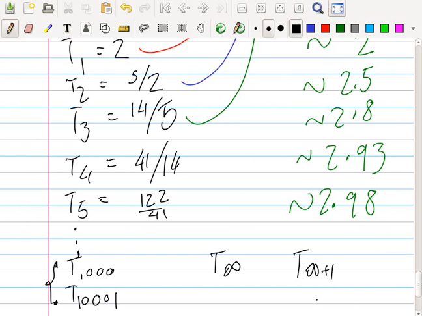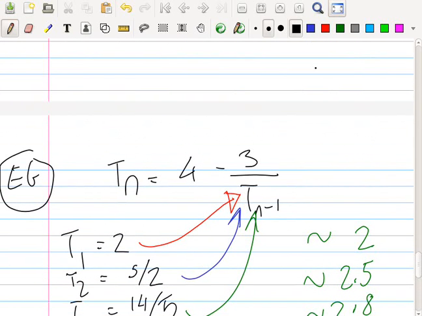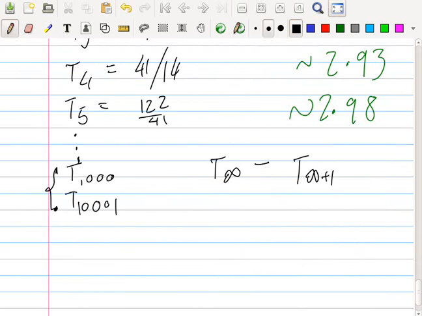So we go back here and we send n to infinity. Let me call these both x, because they'll be about the same.